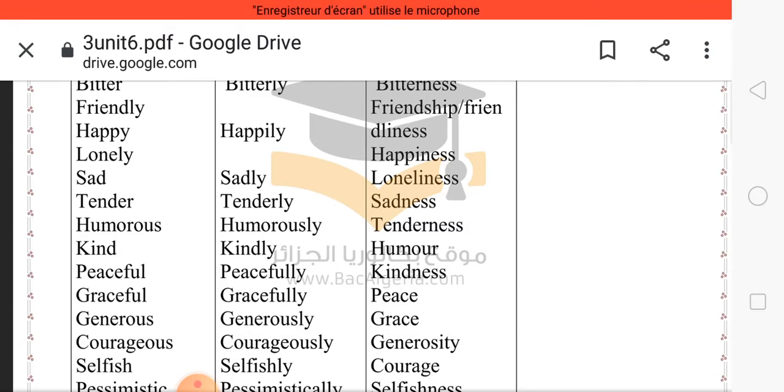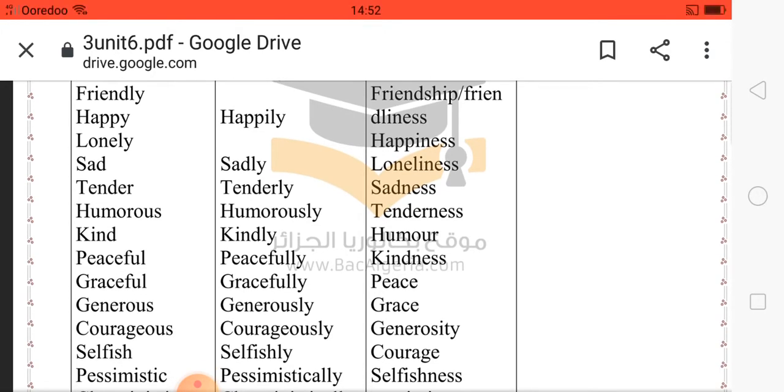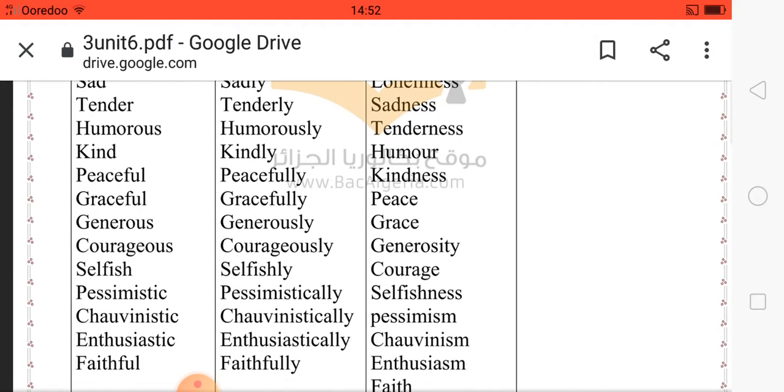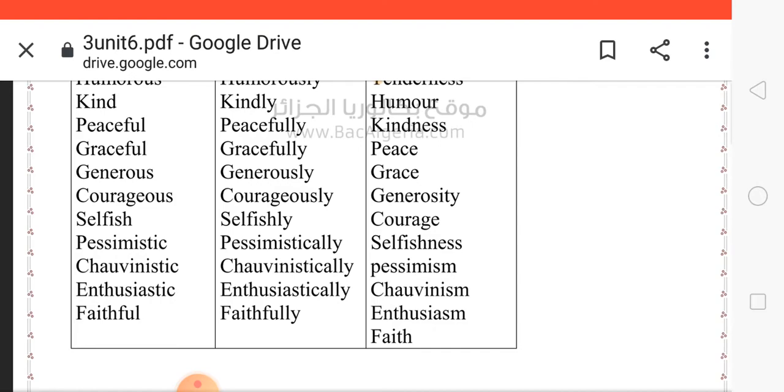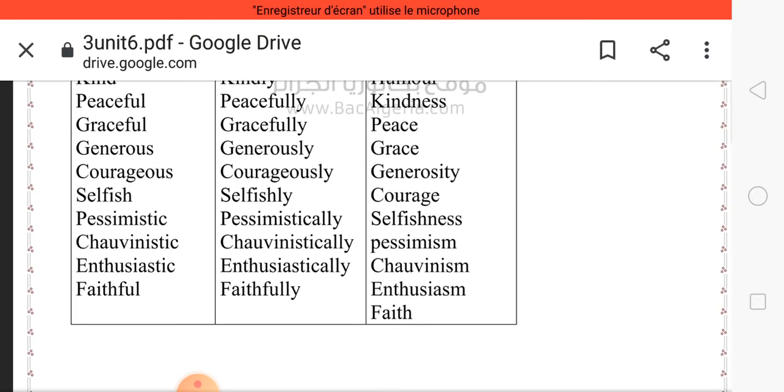Humorous. The adverb is humorously. In the noun, it becomes humor. Kind. It becomes kindly. But in the noun, it becomes kindness. Peaceful. It becomes peacefully.